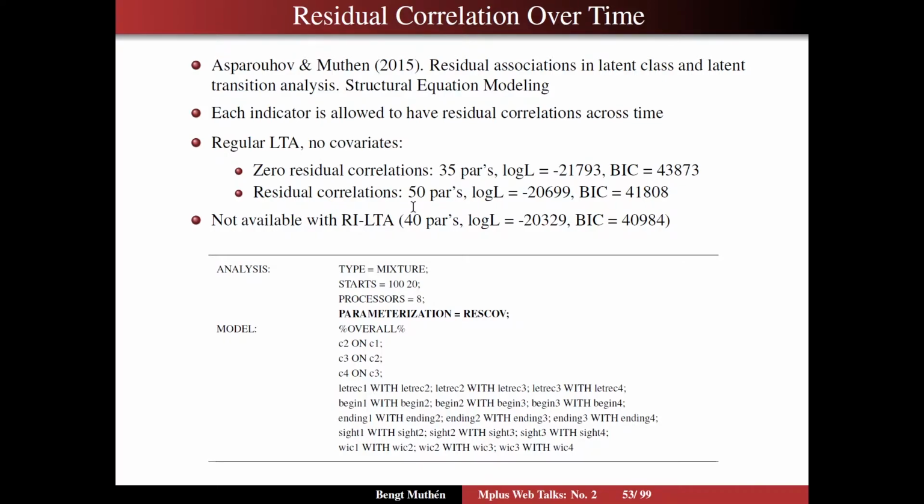The 50 parameters come about because for each item you allow correlation for adjacent time points. So with 4 time points you have 3 adjacent correlations, and 5 items, 3 times 5 is 15, which is exactly the difference between 50 and 35 parameters here.